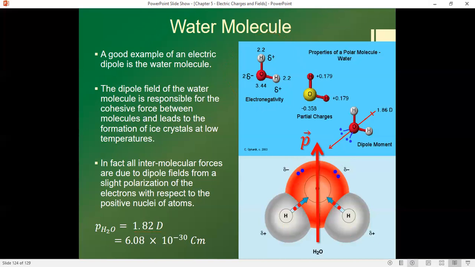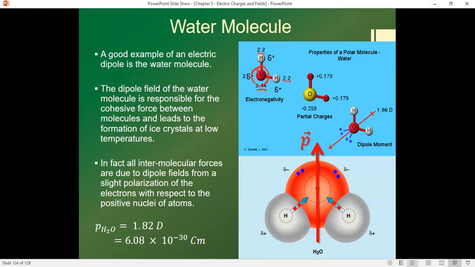So we can see that, looking at the properties of the water molecule, oxygen is much more electronegative than hydrogen, causing the electrons to spend more time around the oxygen than the hydrogen.